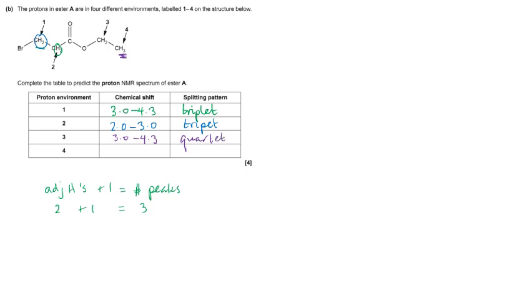And that leaves environment number 4, whereby it's a long way away from the oxygen. So it's got a lower shift, so it's 0.5 to 1.9. Let's choose a better colour. And its adjacent hydrogens are these 2 here. So 2 plus 1 is 3, so it's a triplet as well. So there we have it, 4 marks.